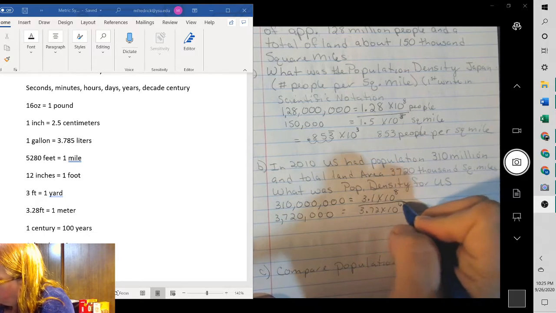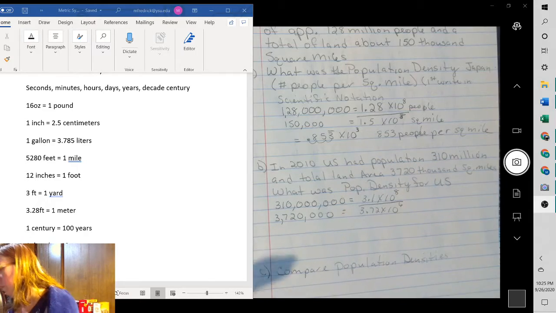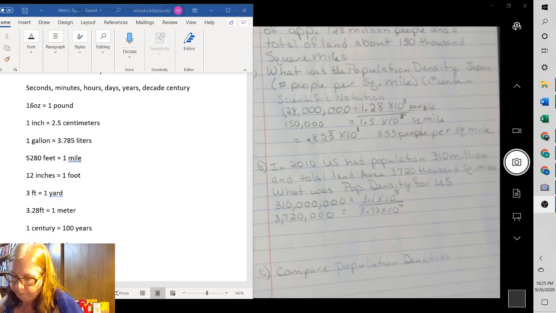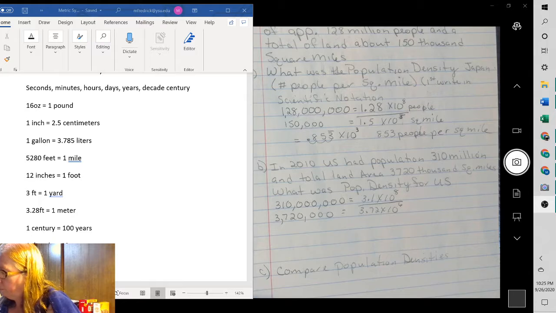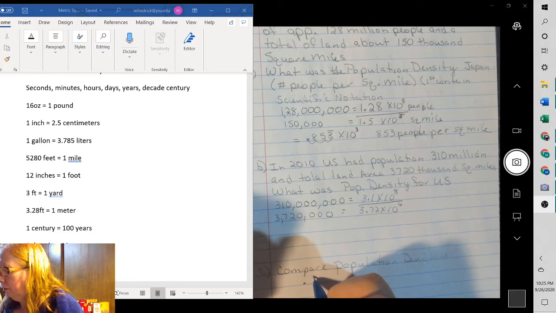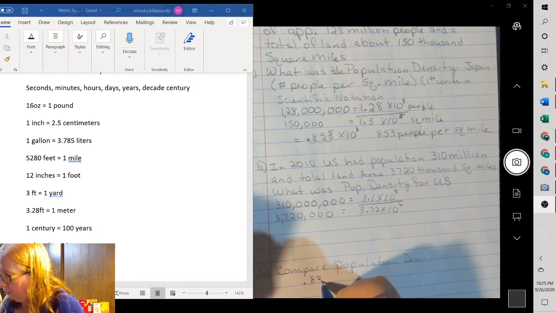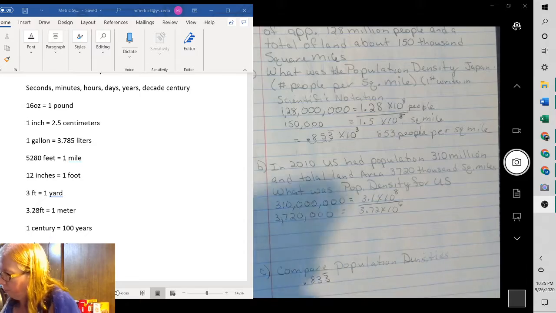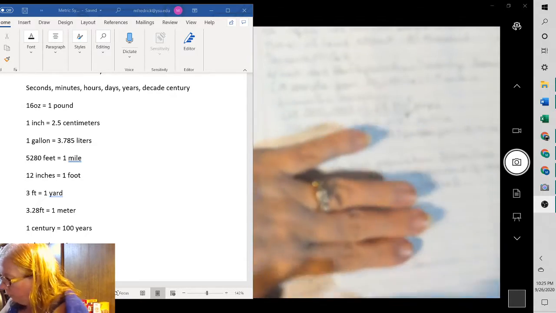So we divide these. 3.1 divided by 3.72 is 0.833, keeps repeating. Oops, I'm putting in the wrong spot.